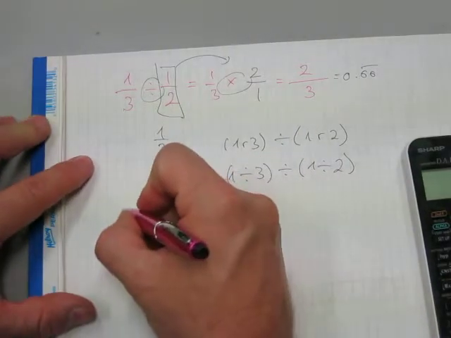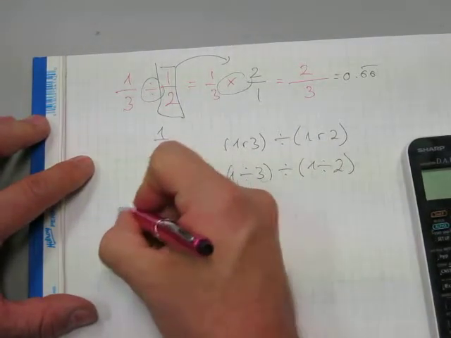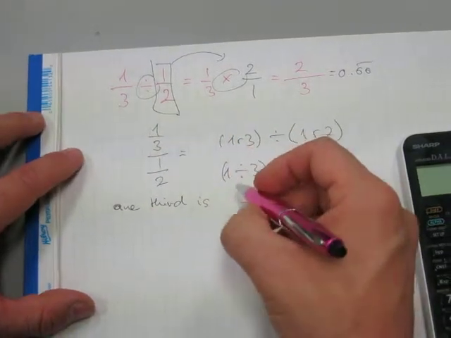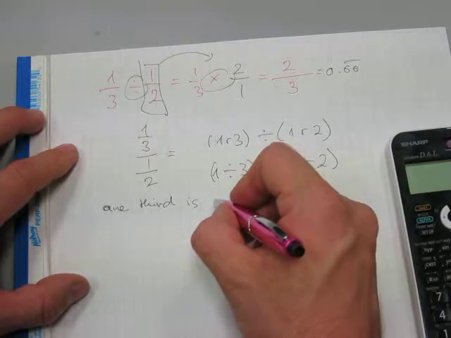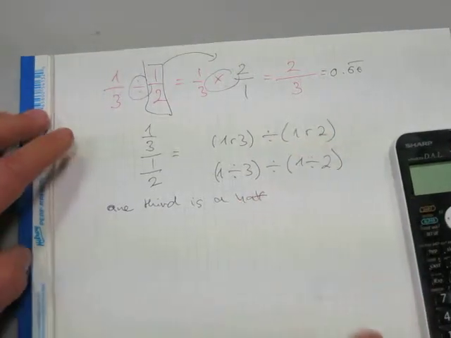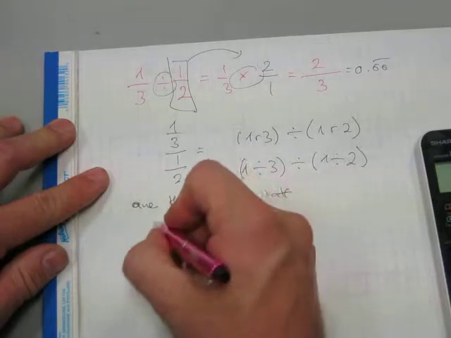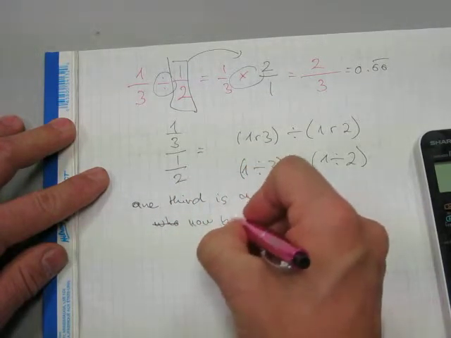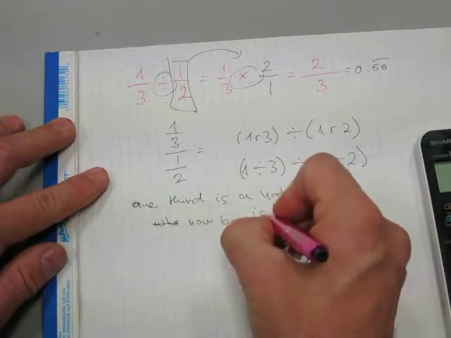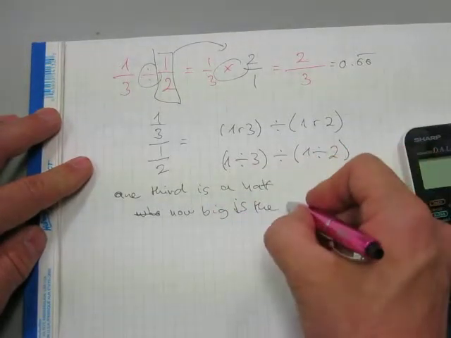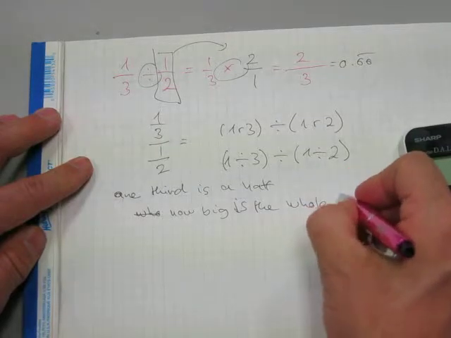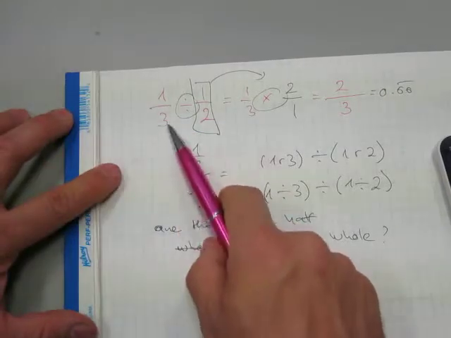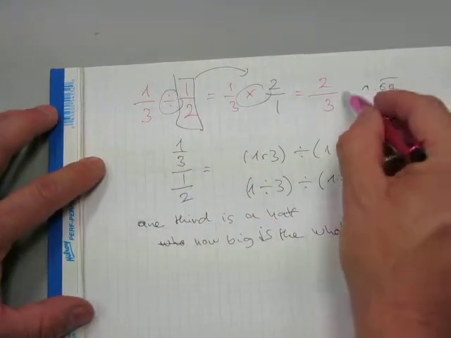What the meaning of it is, 1/3 is treated as a half. 1/3 is treated as a half, and we're asked how, not who, how big is the whole. If 1/3 is a half of something, how big is the whole thing? The whole thing is 2/3.